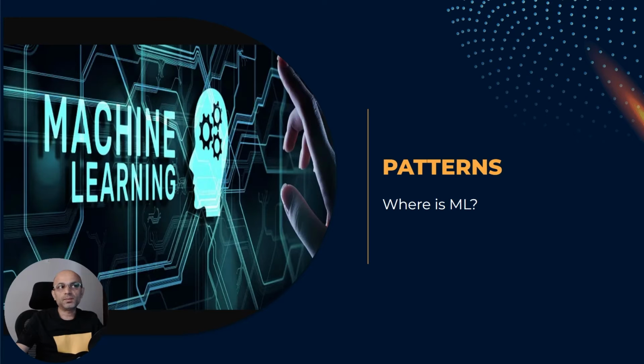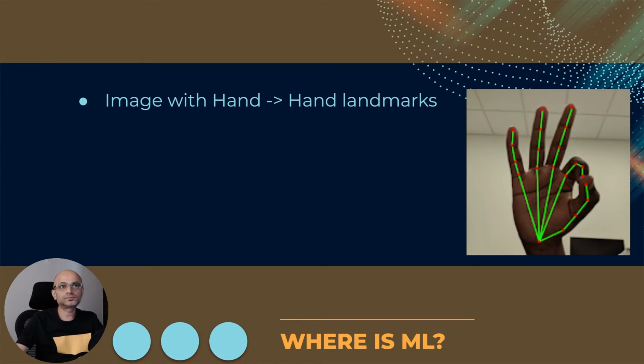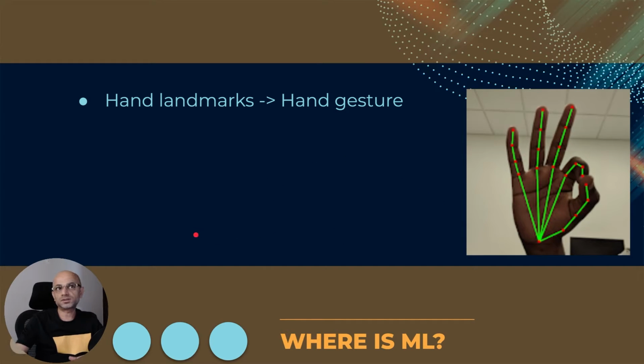So where is ML in all this? So we have an image of the hand and we are trying to convert that into these landmarks. So here ML is playing its part. And also by using these landmarks, we are converting that into a hand gesture.